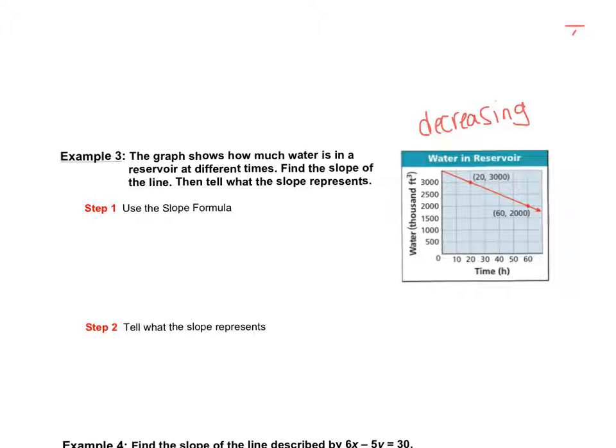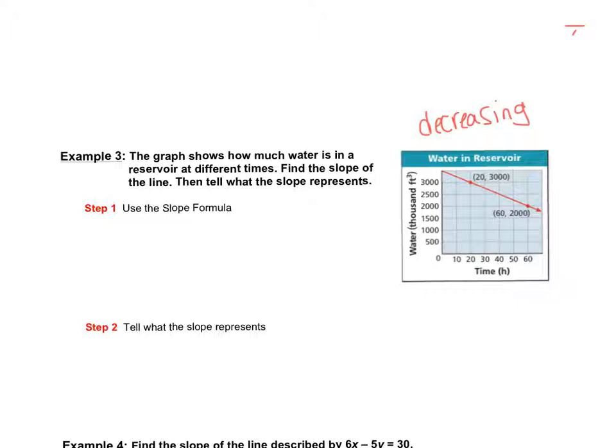It's negative slope. And we are measuring the amount of water over time. Water depends on time. So as time is increasing, water is decreasing in the reservoir. So I already know that the slope represents that the water is decreasing over time.